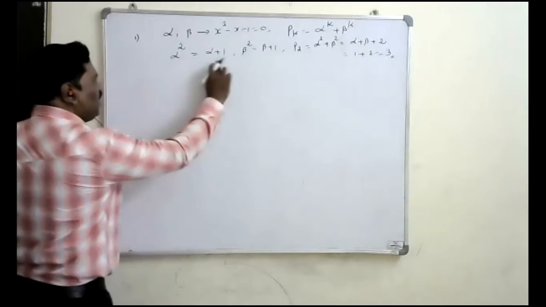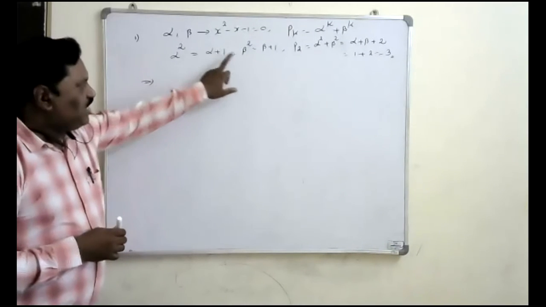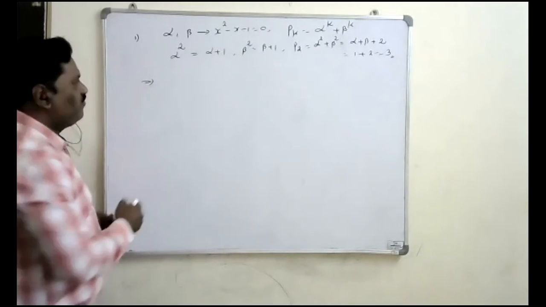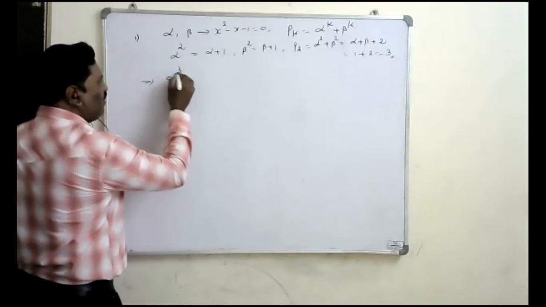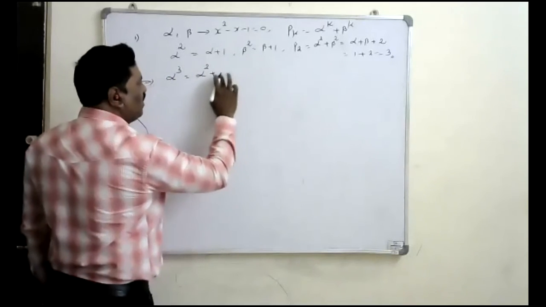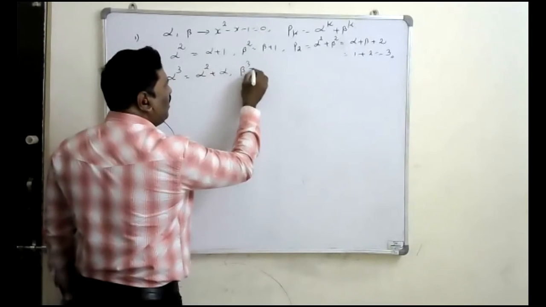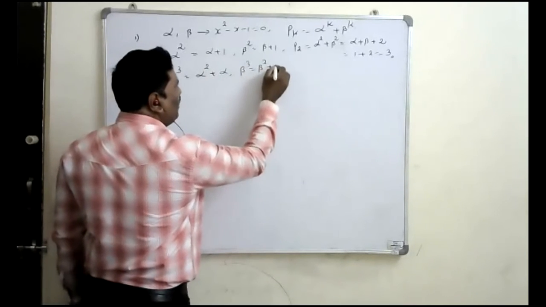Next, I will multiply by alpha here. This term, I will multiply by alpha on both the sides. Multiply by alpha, then you get alpha cube is alpha square plus alpha. Multiply by beta, then we get beta cube is equal to beta square plus beta, right?